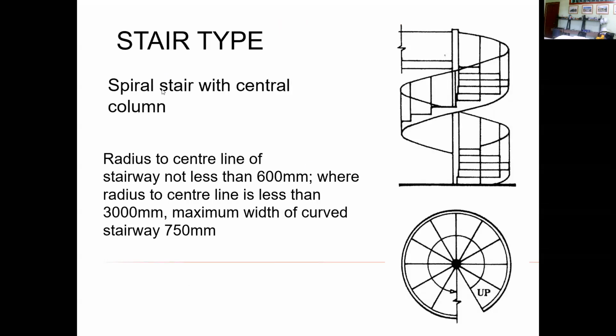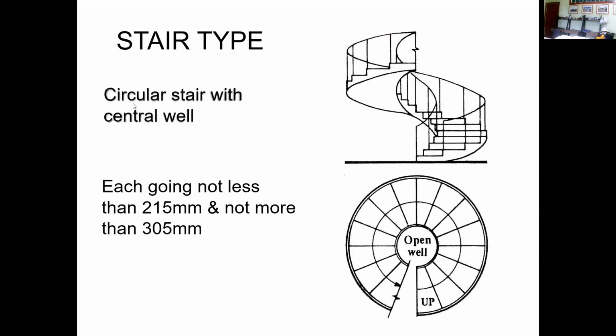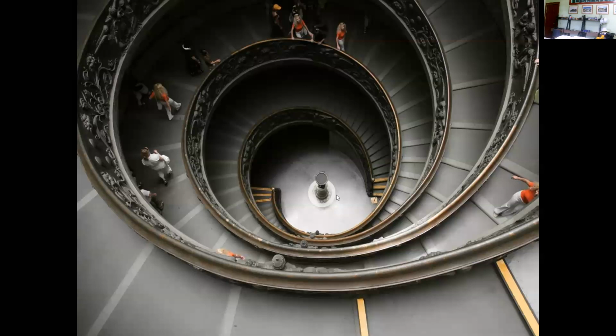This is the spiral stair with central column. This is the spiral stair or the circular stair with central well. So we have two types of circular stairs in this example. Okay, you can see this is the spiral stair with central well.